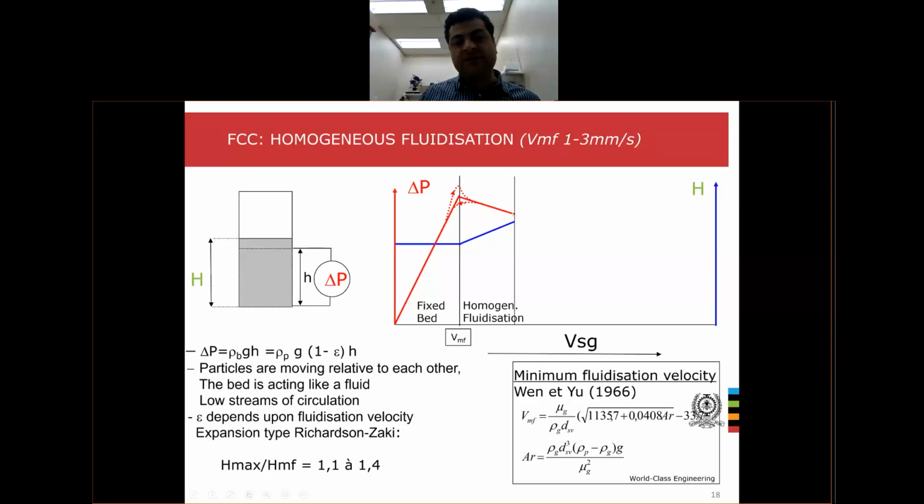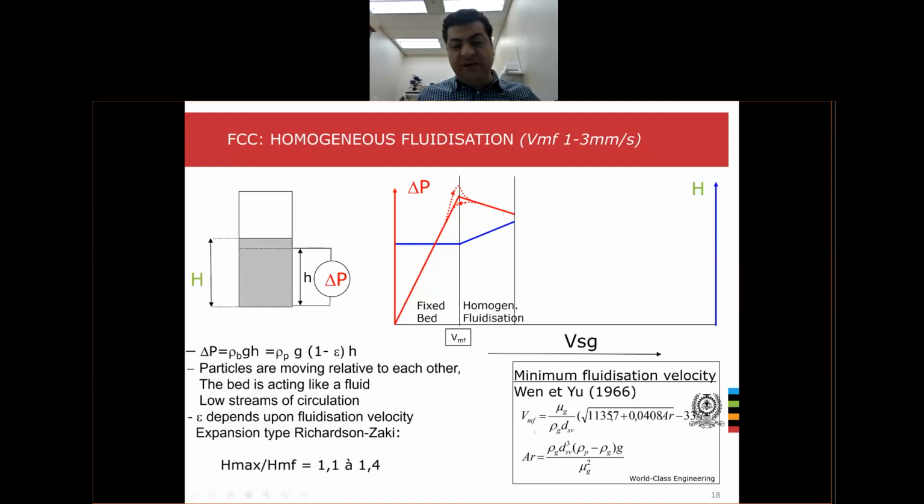This is very characteristic of FCC particles, because FCC particles are usually group A particles. If you remember, we said that with group A particles you have minimum fluidization velocity and minimum bubbling velocity, which are two different numbers. Usually for FCC, UMF is between 1 to 3 millimeters per second. I mean the minimum fluidization velocity.